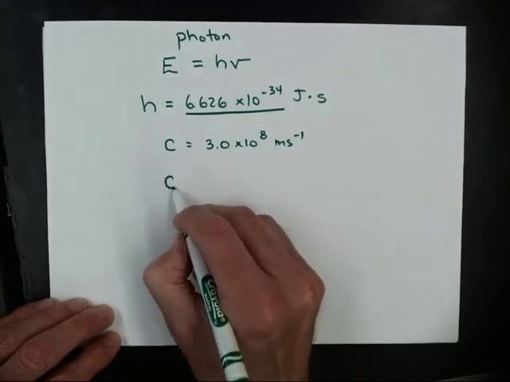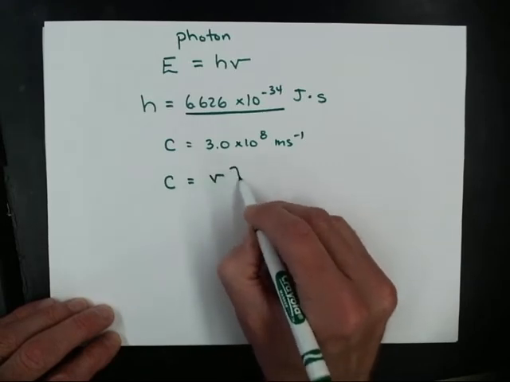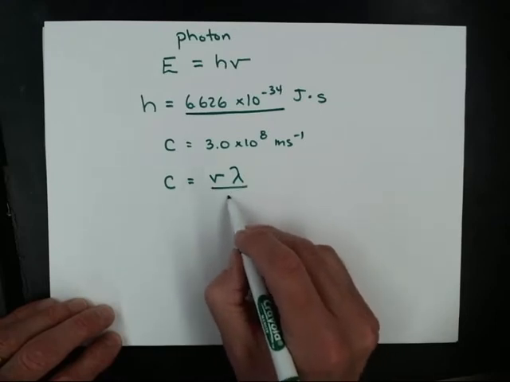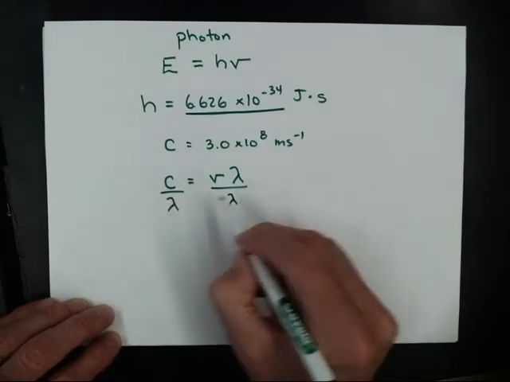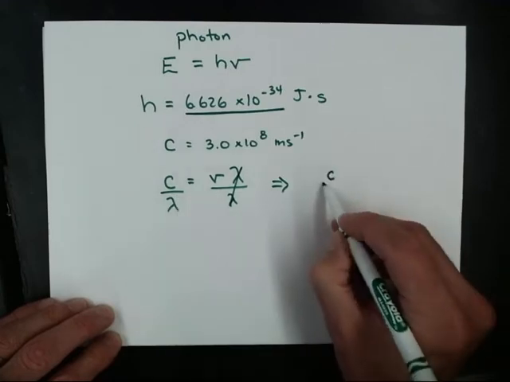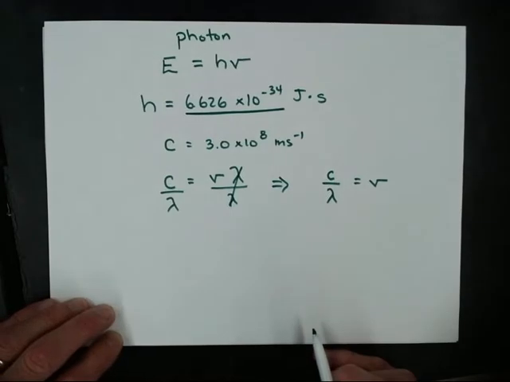But if we remember that the speed of any wave is equal to the frequency times the wavelength of that wave, of course, if we divide both sides of this by the wavelength, then we get the equation speed of light over the wavelength of light. That's going to be equal to the frequency.